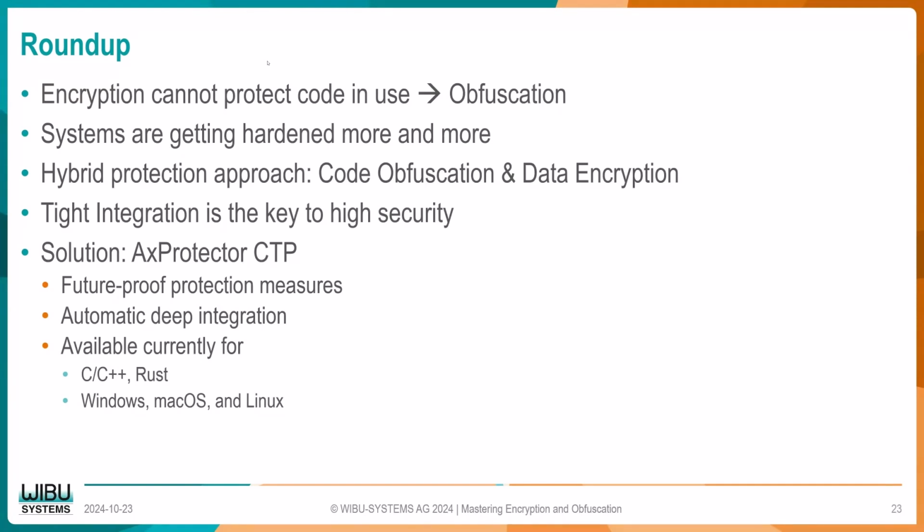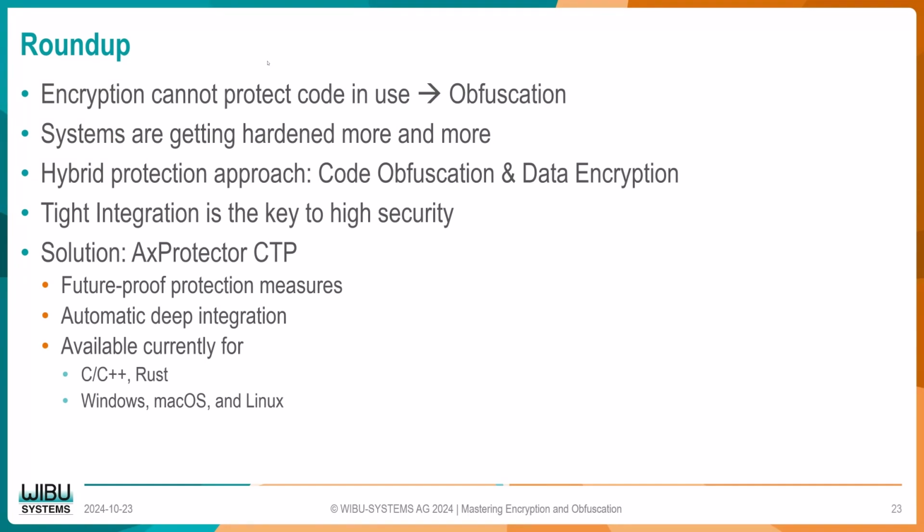With obfuscation, even during runtime, the protection is still on the same level. So this was one of the first slides of Axel. And more and more operating systems like macOS and secure Linux get hardened. And so changing code during runtime is something which is no longer state of the art. So we don't change code during runtime.